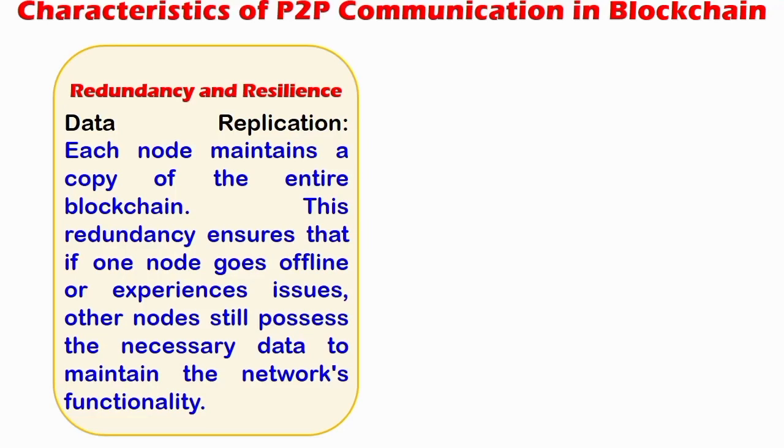So even if one computer has problems, others still have all the needed data to keep the network running smoothly. It is a safety net, ensuring the system stays up and running even if some nodes face issues. Okay?